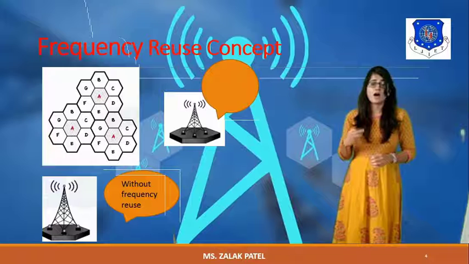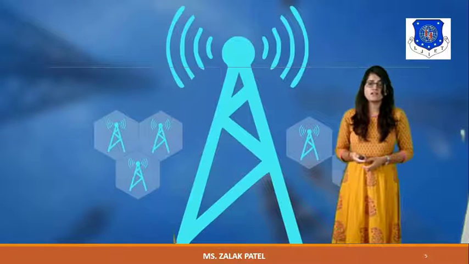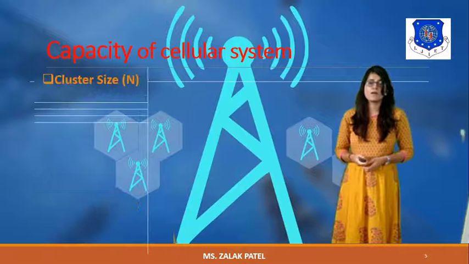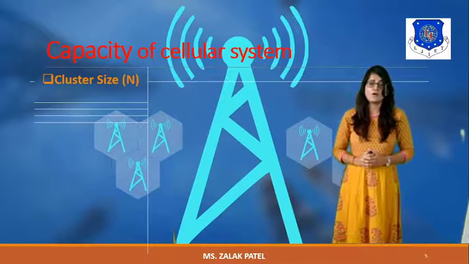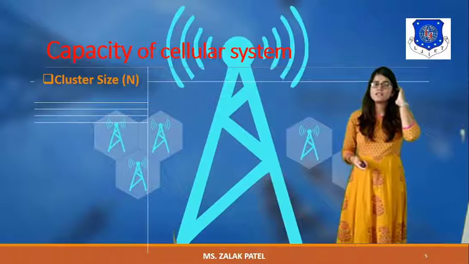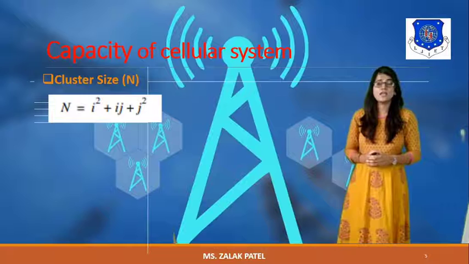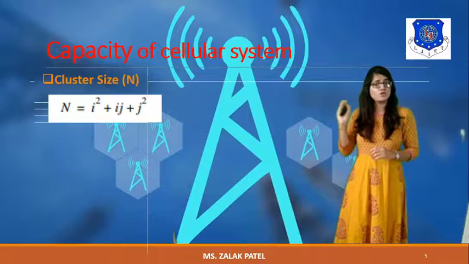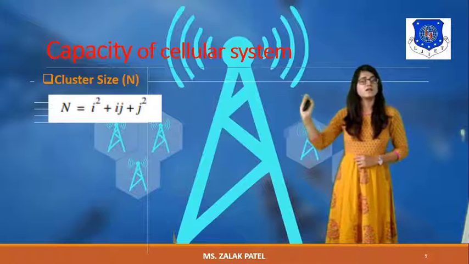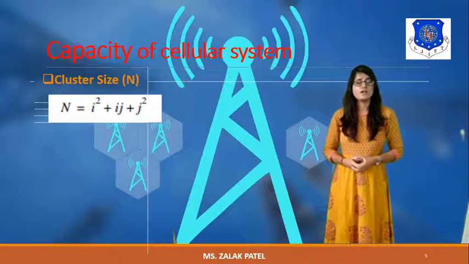Now let's see how it determines the system capacity. The capacity of a cellular system depends on its cluster size. Cluster size is denoted by capital N, and N is equal to I square plus IJ plus J square, where I and J are non-negative integers.